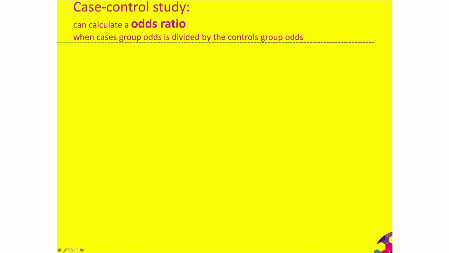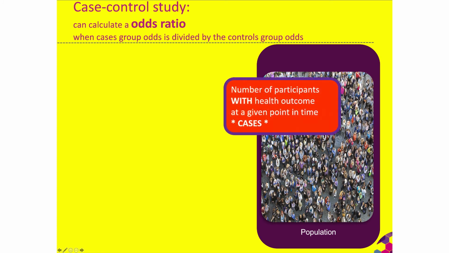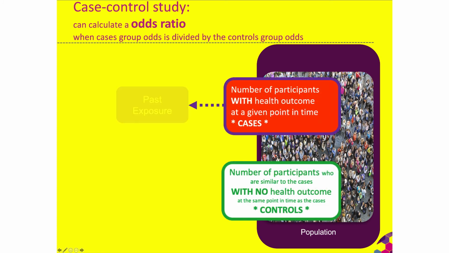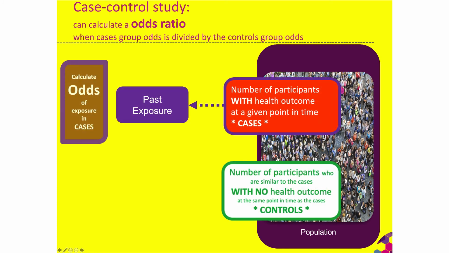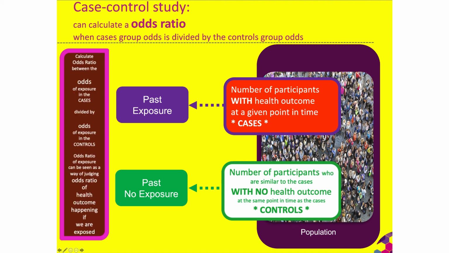And similarly, we're more interested not just in cases and controls, but in how cases compare to controls. So we take our population, we have our cases, we have our controls, we go back in time, we calculate the odds in the cases, we calculate the odds in the controls, and then we do a ratio. We compare, we divide the odds of exposure in the cases by the odds of exposure in the controls.